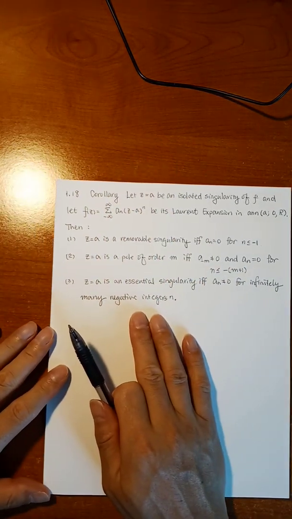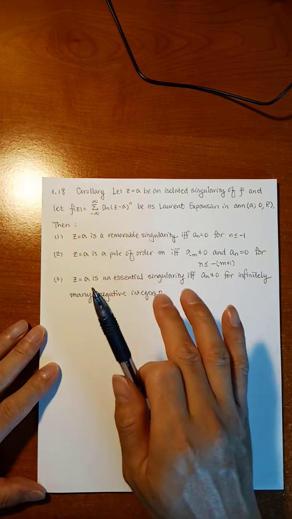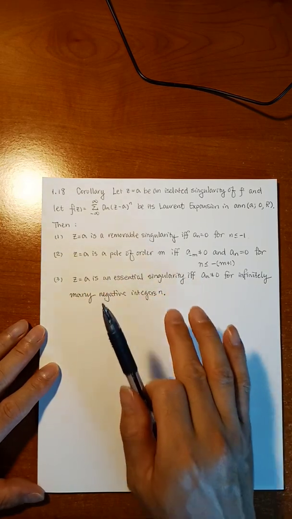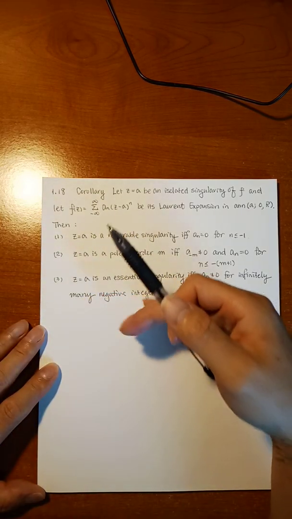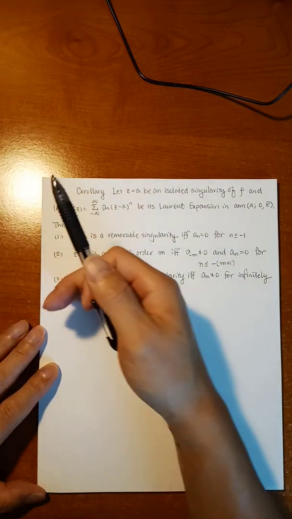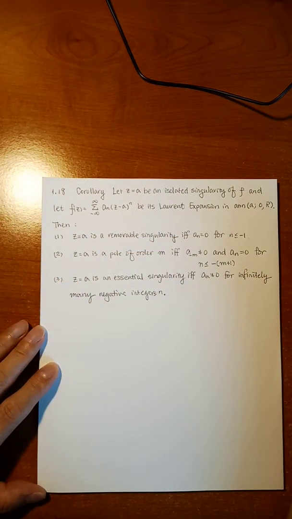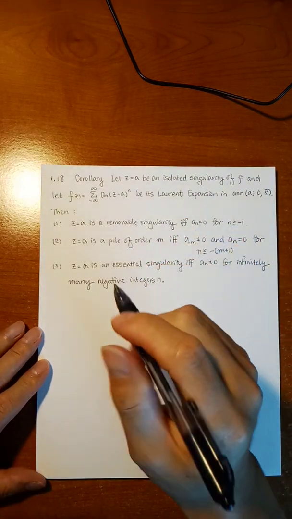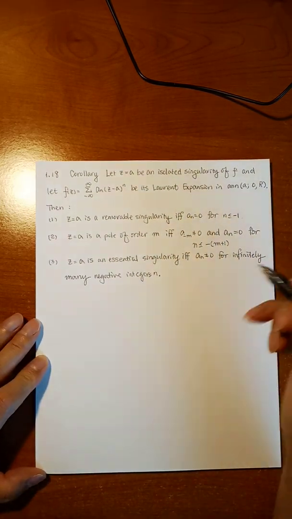Essential singularities just means it is really a doubly infinite series. It is infinite in the negative indices part and also infinite in the positive indices part. All right, so that's the difference among those three cases.